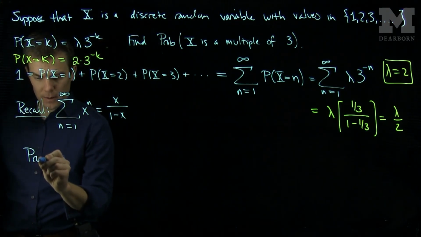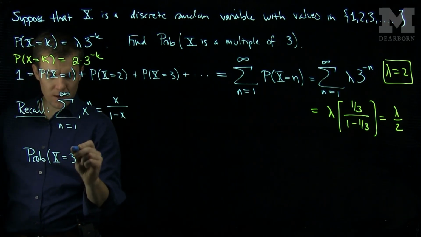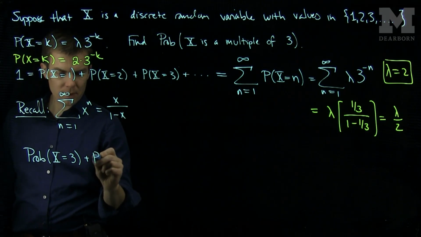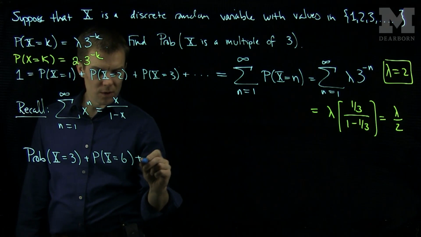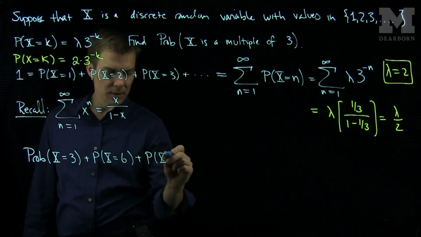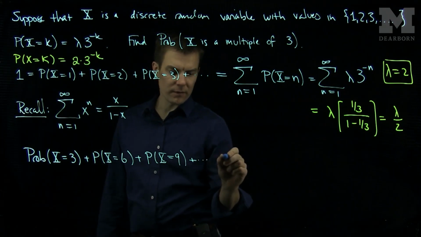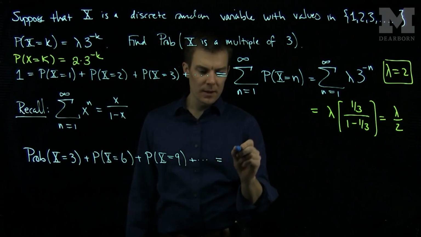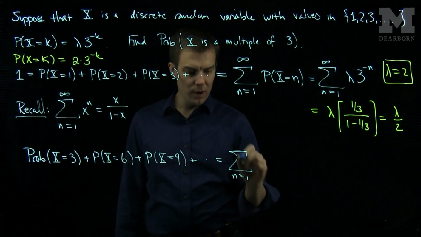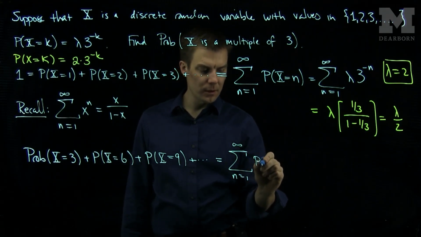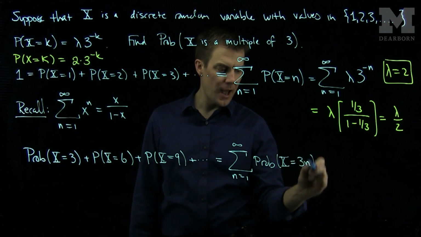The probability that x is 3, or the probability that x is 6, or the probability that x is 9, and so on forever, is also an infinite series. It's the sum, n equals 1 to infinity, of the probability that x is equal to 3n.